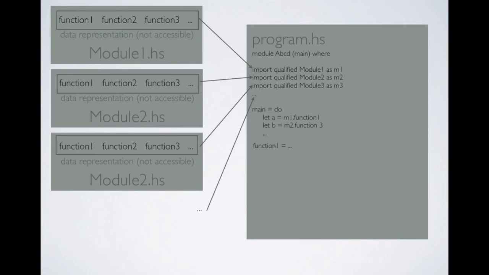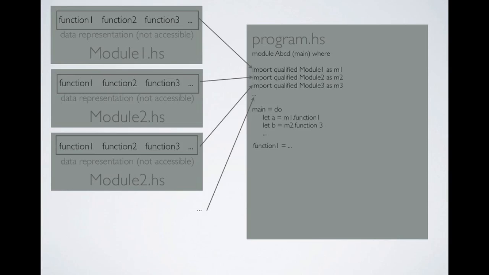It is really a bunch of modules that are quote-unquote glued together with your main program, so to speak. So you have a program, for example, called program.hs, and as you can see, it imports module 1, module 2, module 3, and any other modules that you have.